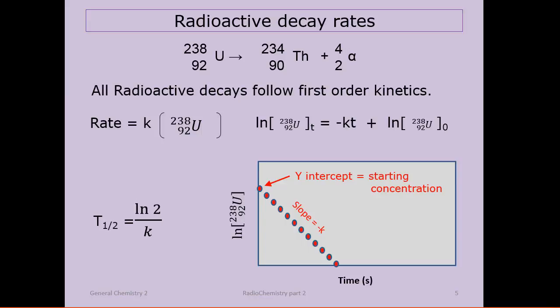Every radioactive decay follows the same half-life rule. Just divide the kinetics constant into the log of 2 and you will have the half-life. Or if you have the half-life, you can divide it into the log of 2 and you'll have the rate constant. And then also, you always have the linear expression, so you can always figure out the concentration at any given time.